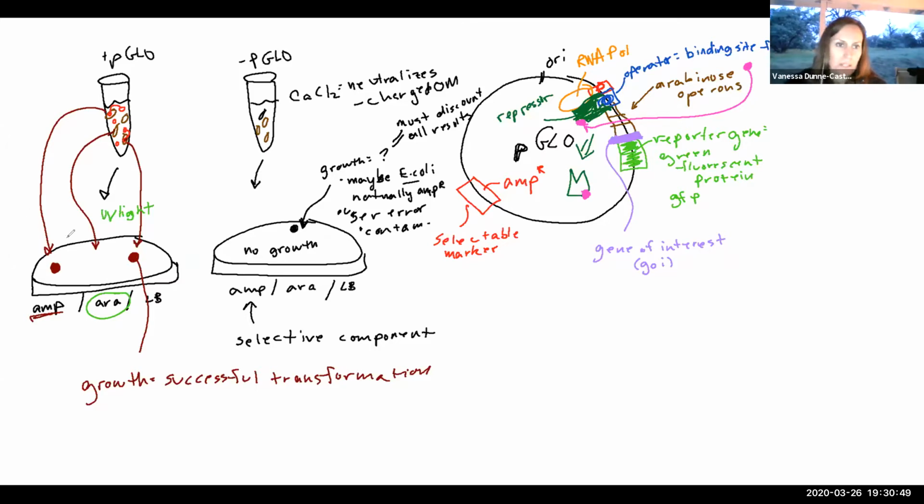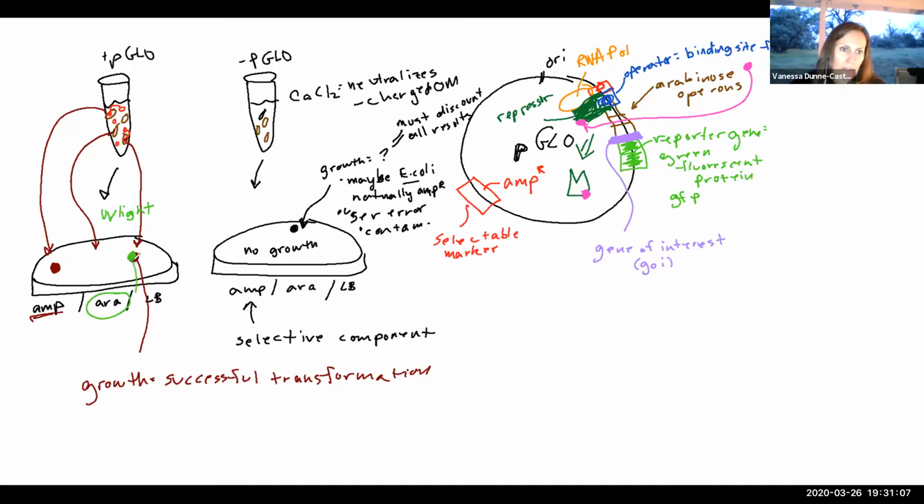So in this example, let's say we expose this plate to UV light. This guy was glowing, and this guy was not. In this case, we can differentiate between organisms that are successfully expressing the gene of interest versus those that are not.